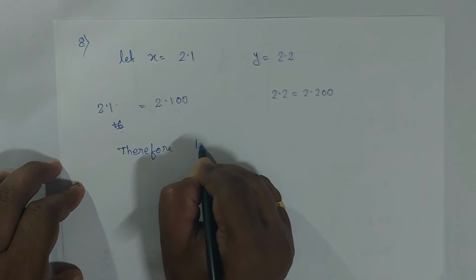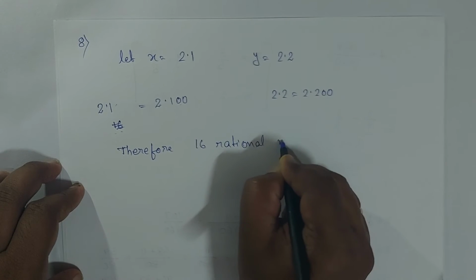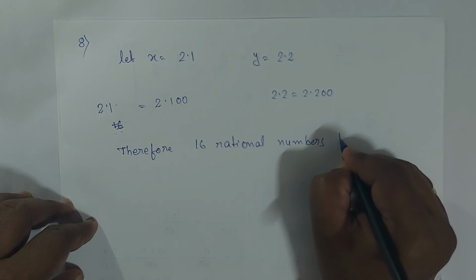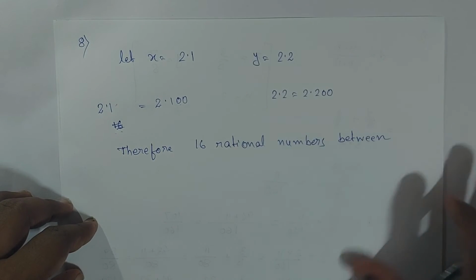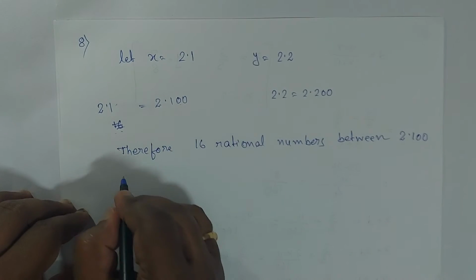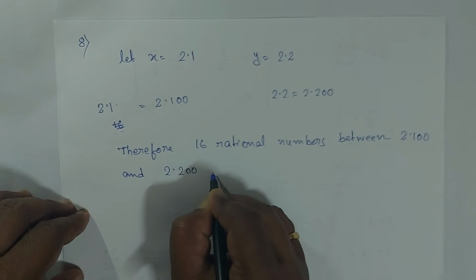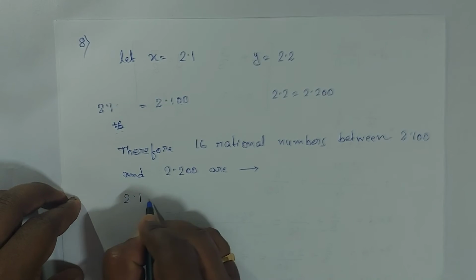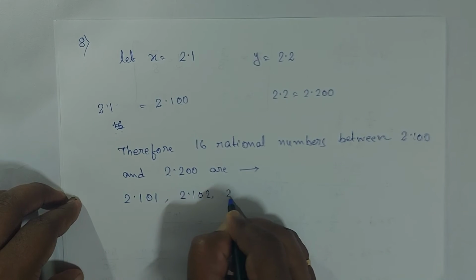Therefore, 16 rational numbers between 2.100 and 2.200 are 2.101, 2.102.